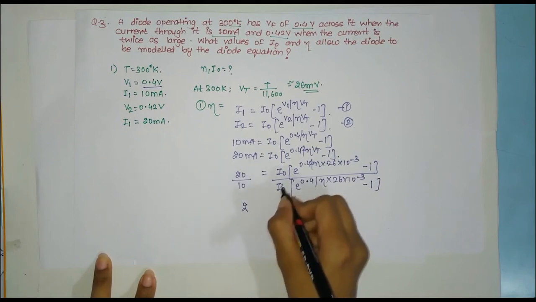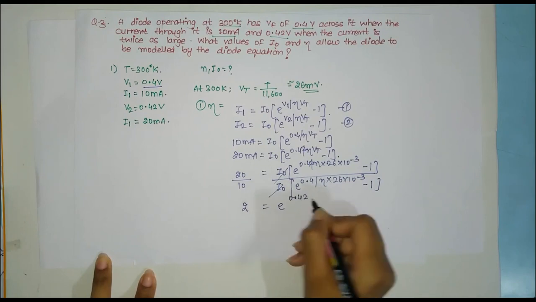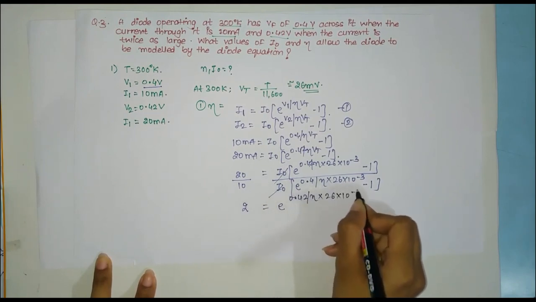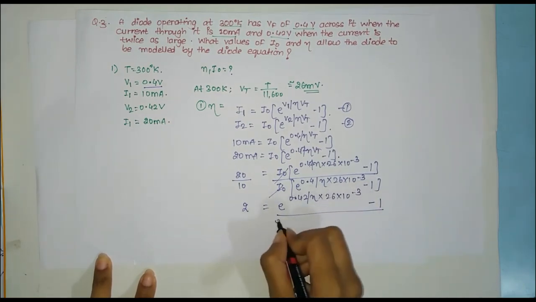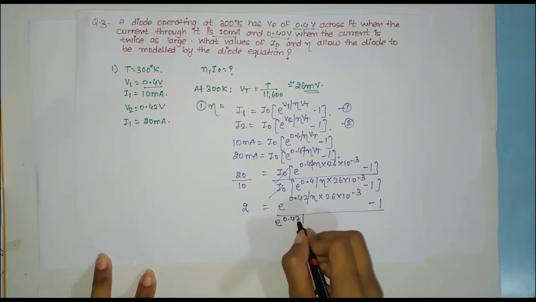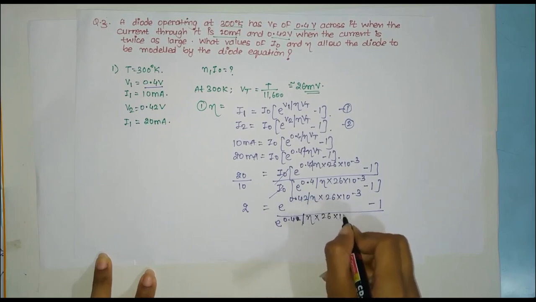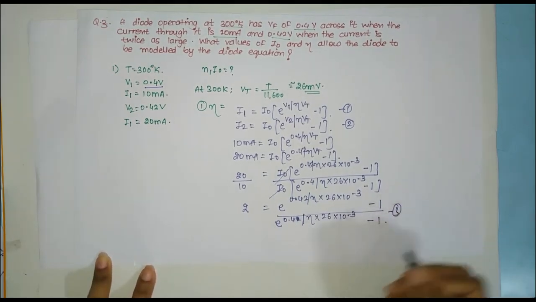So dividing, we get this as 2. IO gets cancelled. So 2 is equal to e raised to 0.42 upon eta into 26 into 10 raised to minus 3, minus 1, upon e raised to 0.4 upon eta into 26 into 10 raised to minus 3, minus 1. Now this is the third equation that we get.